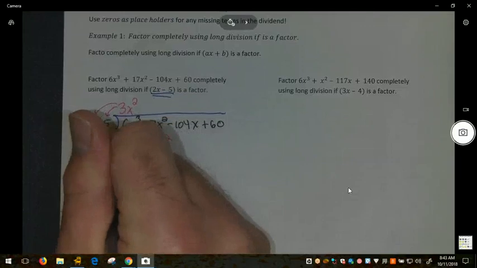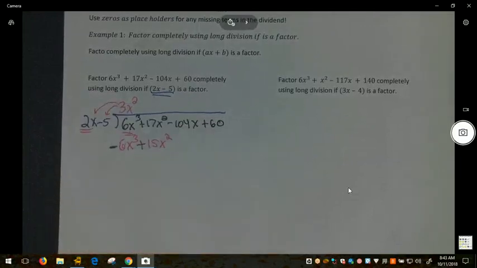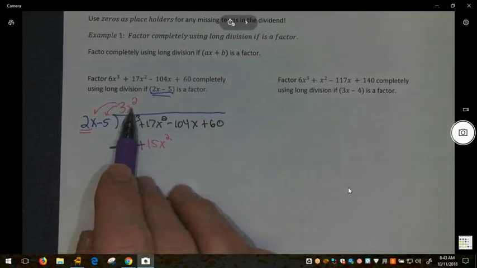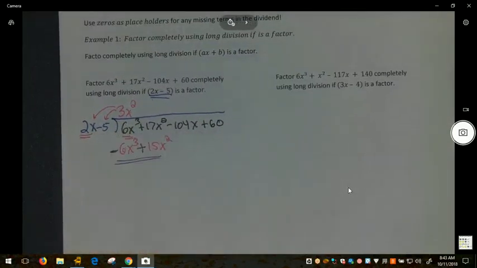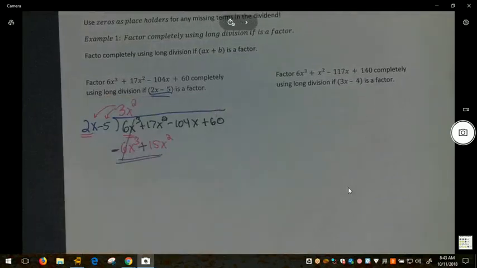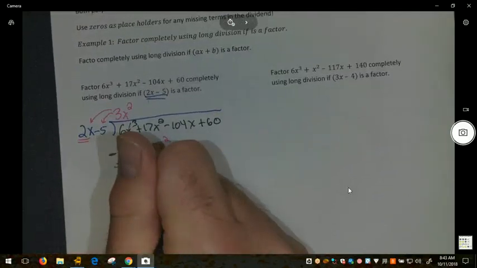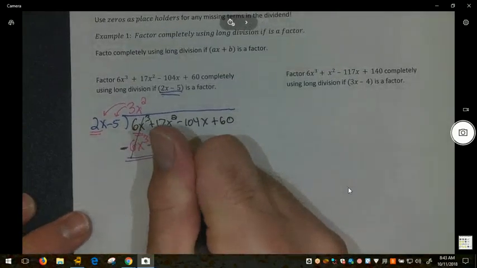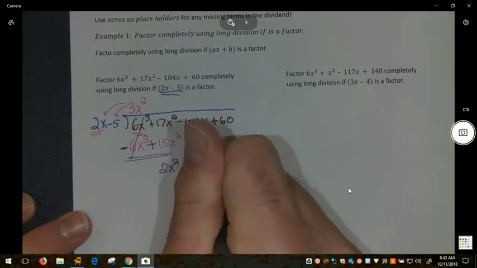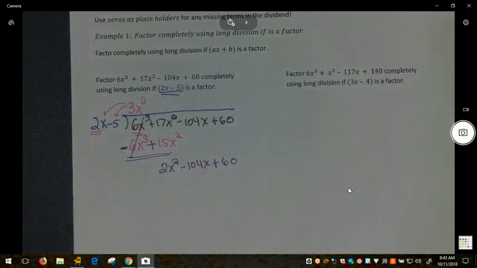So I will change the signs in every term I just created from the product of this part of the quotient and the divisor, and now I'll combine like terms vertically. The 6x cubes go away, we now have 2x squared, and we can bring down the rest of the polynomial expression so we don't forget any terms up there.